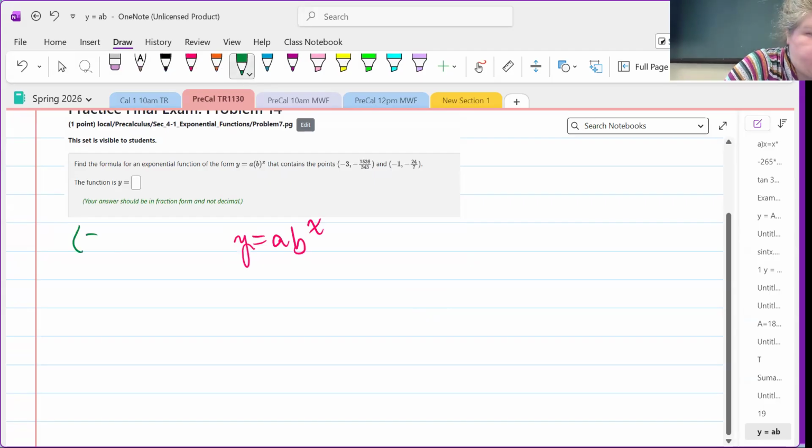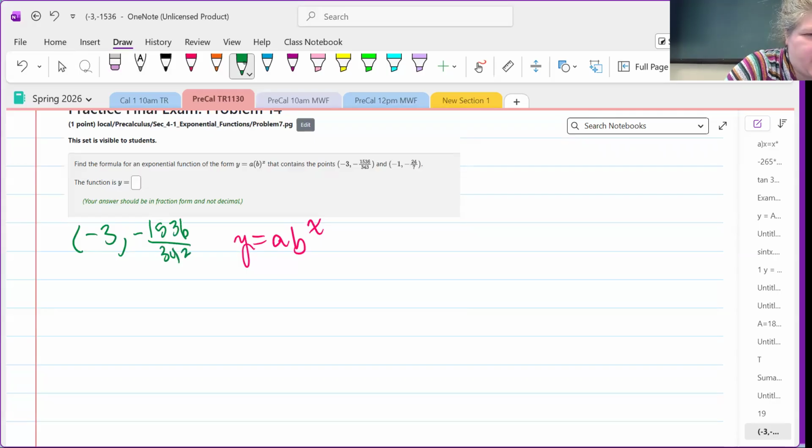All right, so 1 point is -3 comma -1536 over 343. And then the other point is -1 comma -24/7.